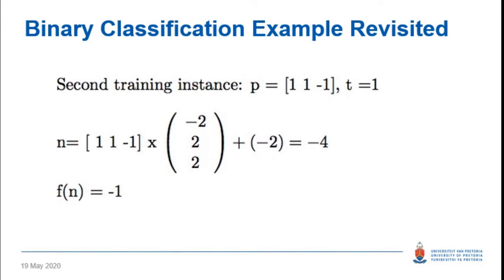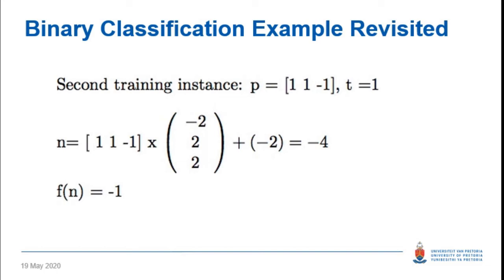If we look at the second training instance, that now represents the apple, the vector that we came up with for the apple, and the output is 1 to represent an apple. You can see now we're using the updated weights, so we've got -2, 2, and 2, and the updated bias, which is -2.